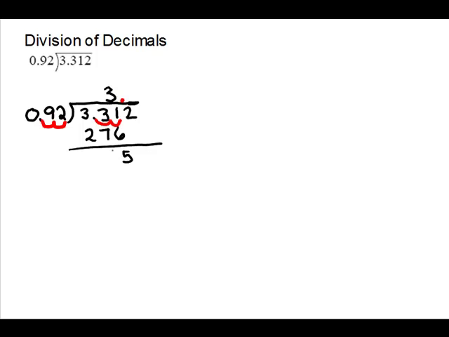Subtract and bring down. Then you're ready to divide again. 92 into 552, and this will go 6 times. 6 times 92 is 552. So this one does not have a remainder. We don't need to add zeros.